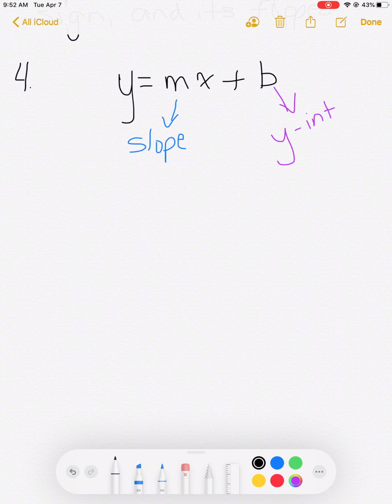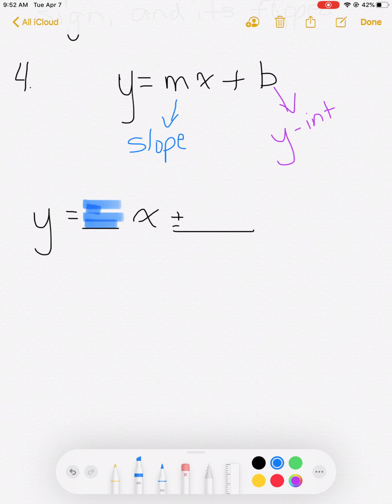So you're going to do y is equal to something x plus or minus something. The two things you need to solve for are slope and y-intercept.